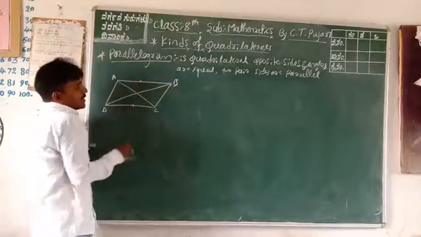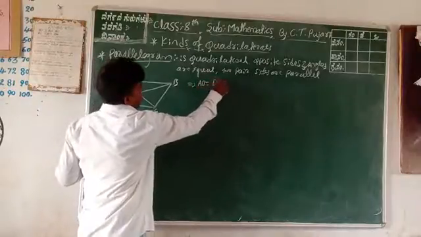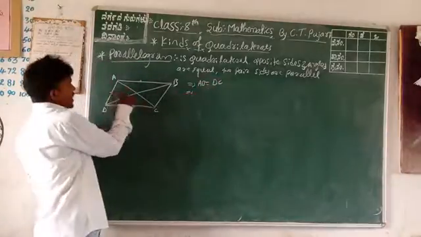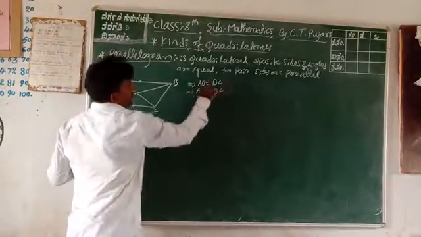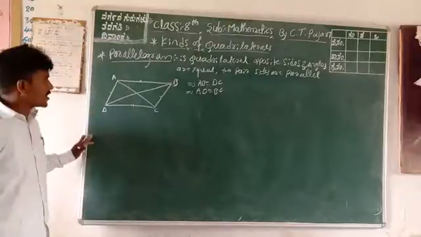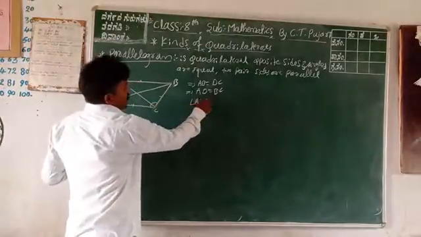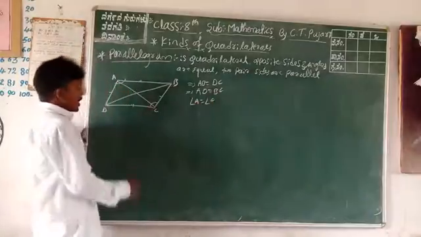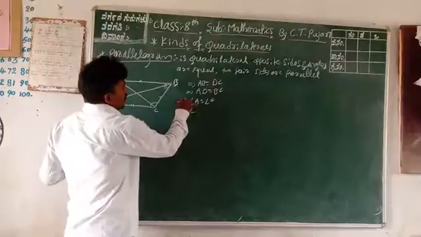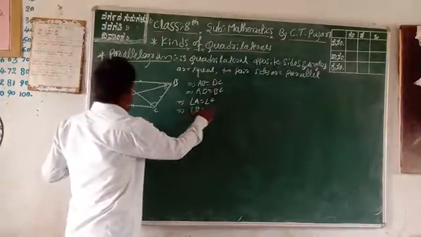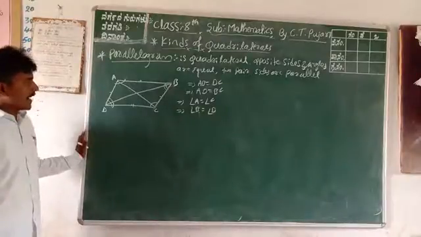AB is equal to DC, and also AD is equal to BC. Opposite sides are equal, and also opposite angles. Angle A is equal to angle C, and also angle B is equal to angle D. Opposite angles are equal.